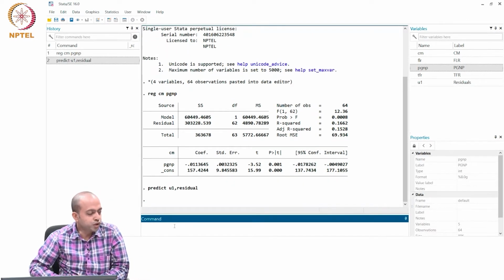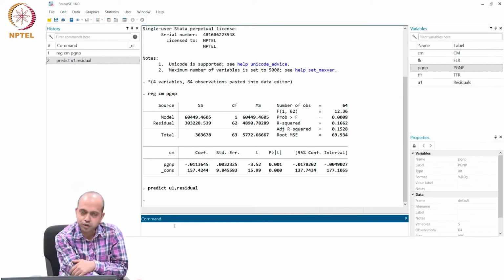Now, the moment I put the command, STATA will immediately predict the U1 hat, and look at here, U1 is already included as a variable now. Whether it is predicted or not, how will you check? You just look at the variable list. If the variable is appearing, that means STATA has already predicted the variable and stored it also.